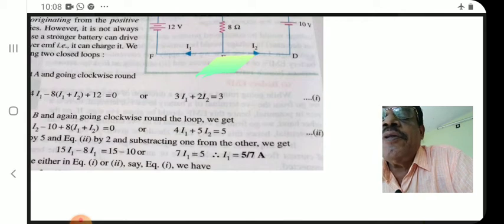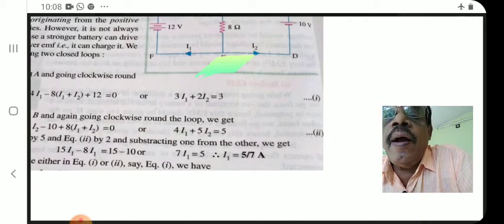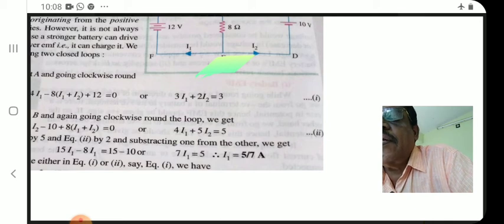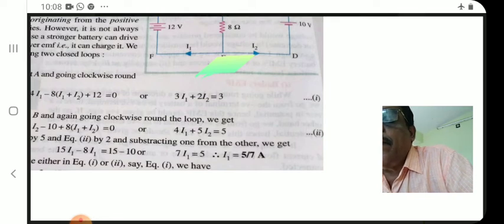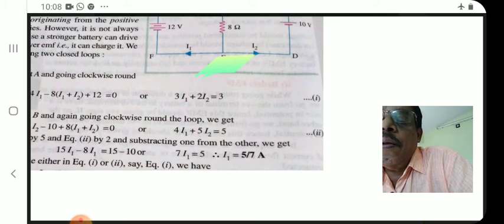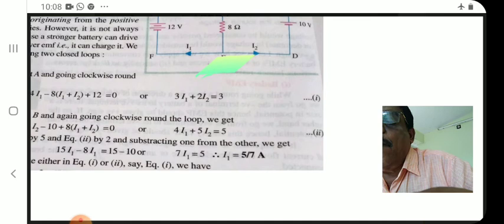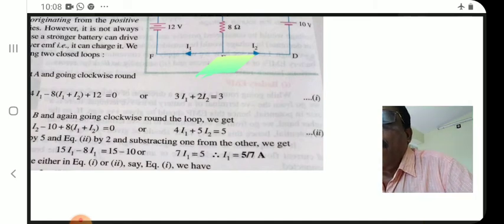There is a 12-volt battery in the first loop, 10-volt battery in the second loop. The resistors given are 8 ohm in one branch and 12 ohm in the other branch.